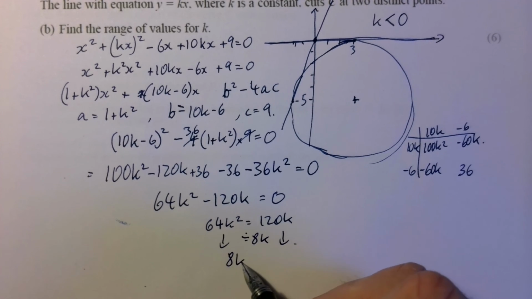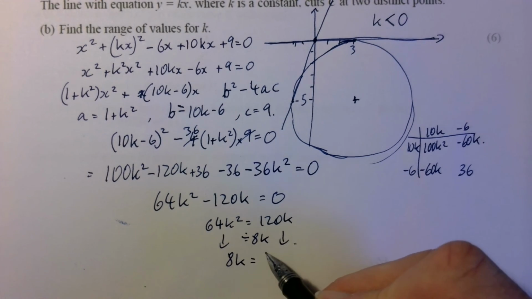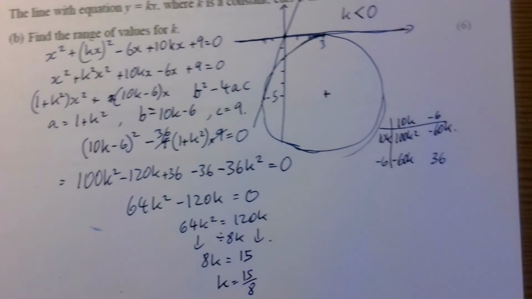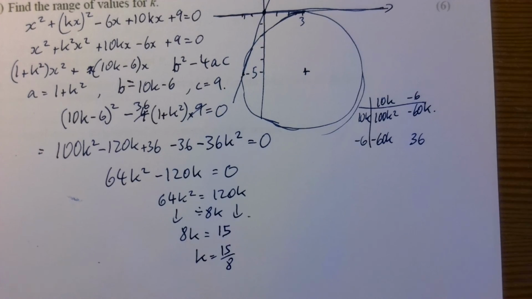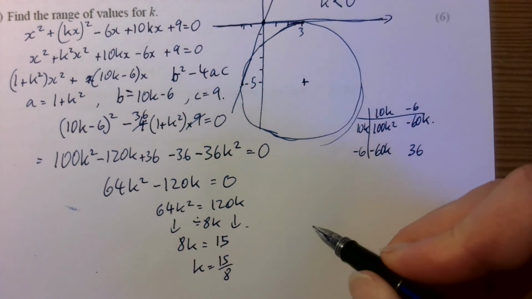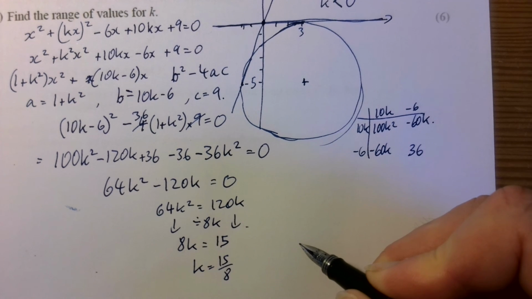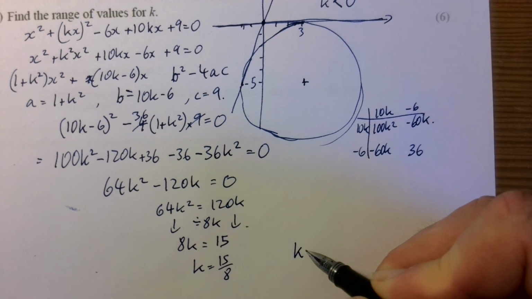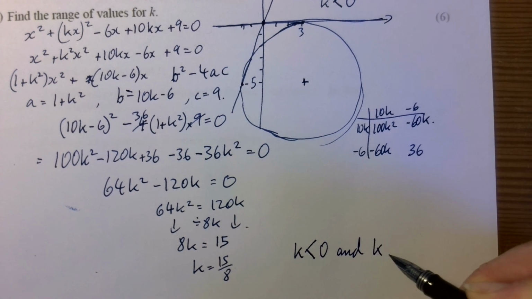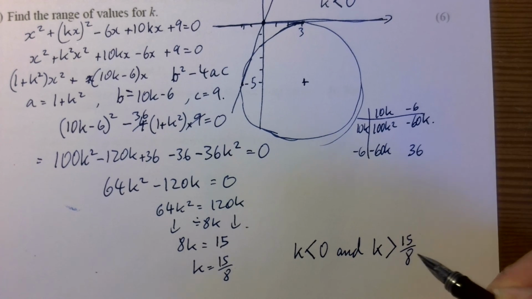So that's going to give me 8k is equal to, how many 8s in 120? That's 15, isn't it? So then k is going to equal 15 over 8. And that is going to be the value at which that's just touching there. So we've got our range of values for k: k is smaller than 0 and k is bigger than 15 over 8.